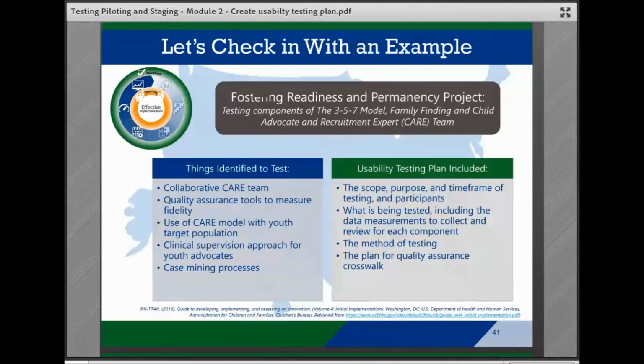The team's plan for quality assurance crosswalks, and who would be responsible for collecting the data on each component, as well as the criteria that the team determined would help them make decisions about usability or revisions. It sounds like the team has thought out the plan strategically and proactively and are prepared to move forward with testing.